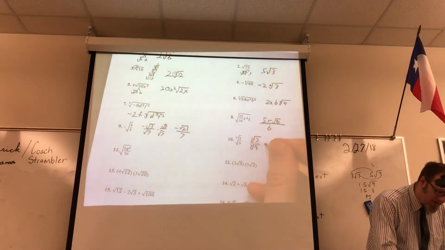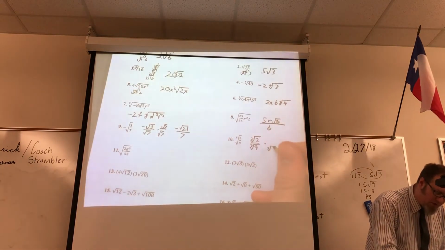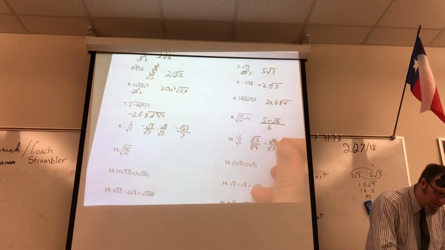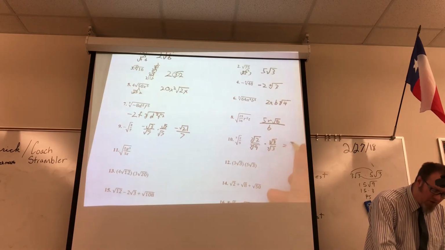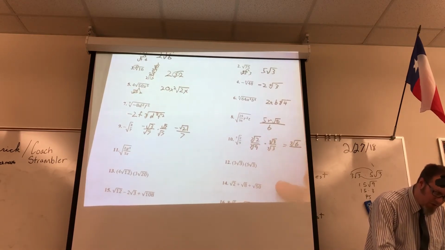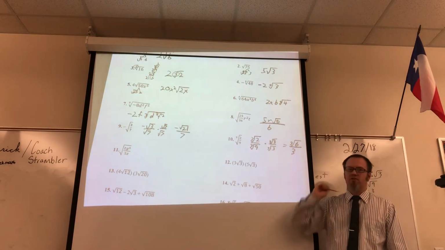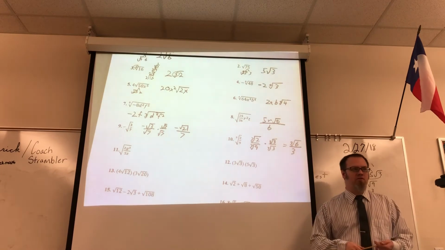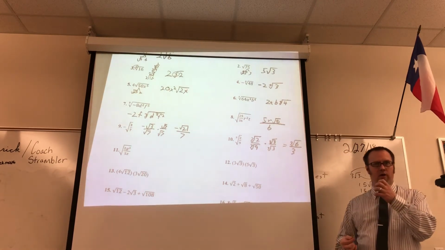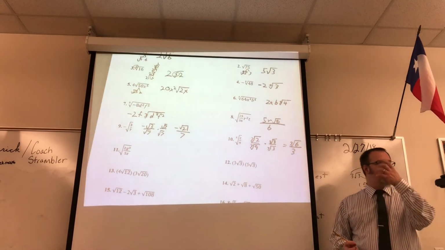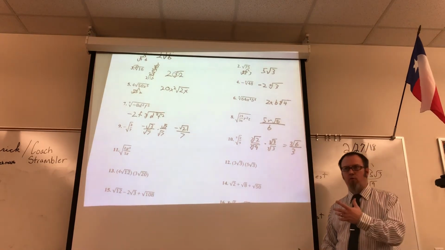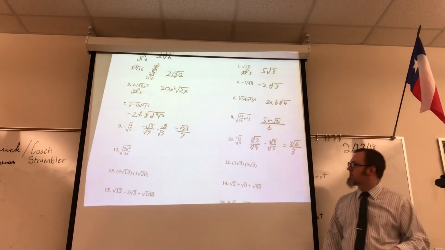So I'm going to end up multiplying by the cube root of 3 over the cube root of 3. That gives me the cube root of 6 over 3. Okay? Be careful when it's cube roots. Those would be the ones that I would definitely use the calculator to check my work, to see if what I came up with was correct, and that I've got it reduced properly.